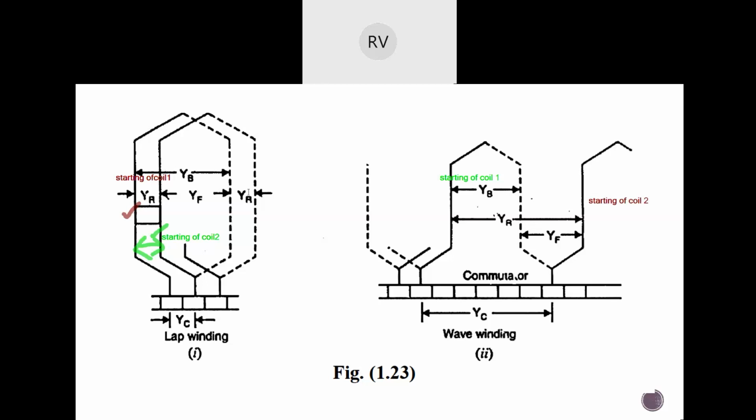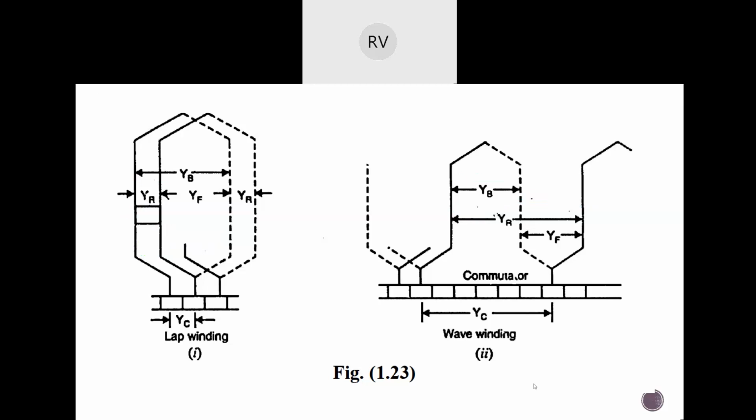So we have these two, and the distance between these two is taken as the resultant pitch. The starting of the first coil and the starting of the second coil, and the distance between these two is the resultant pitch. So that is the definition of the resultant pitch.